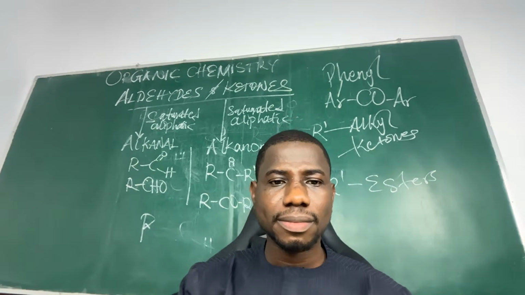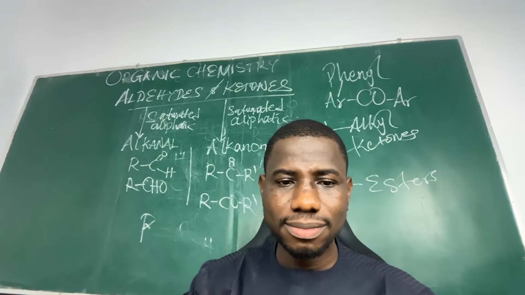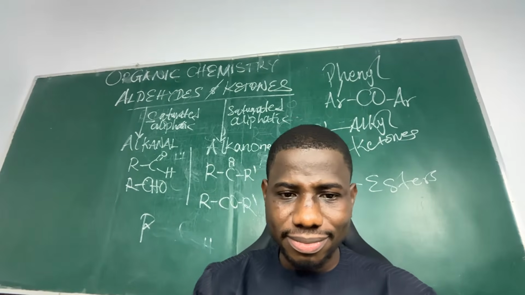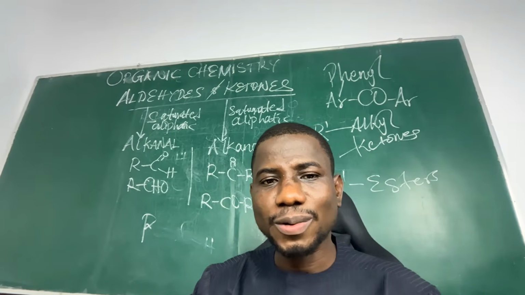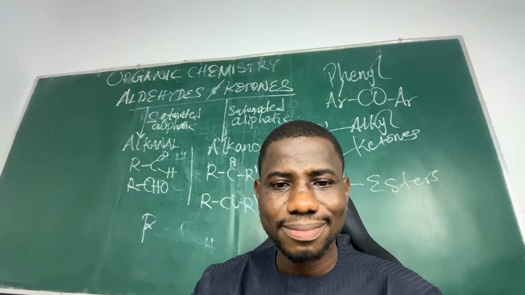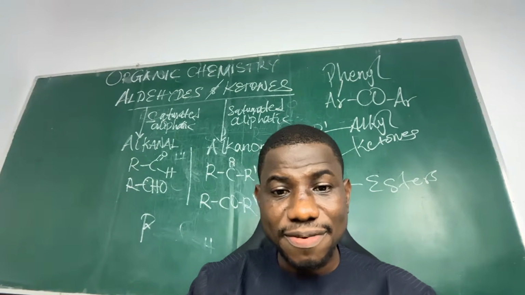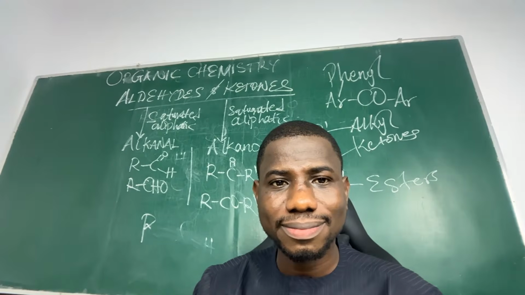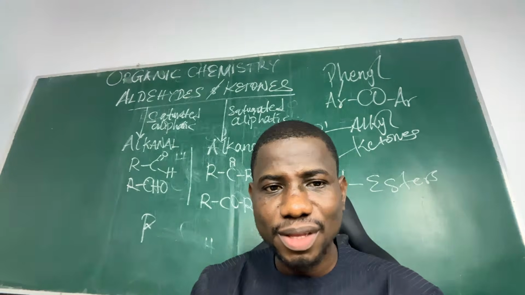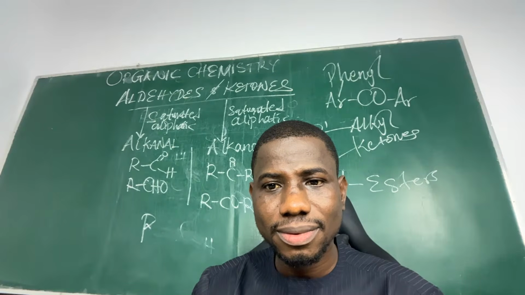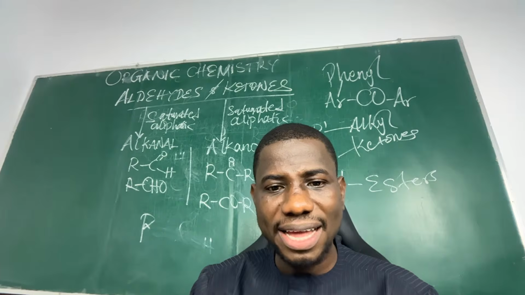Option B, ethanone. Option C, propanone. Option D, butanone. What's the answer? The first member of the series alkanone. Option A, methanone. Option B, we have ethanone. Option C.